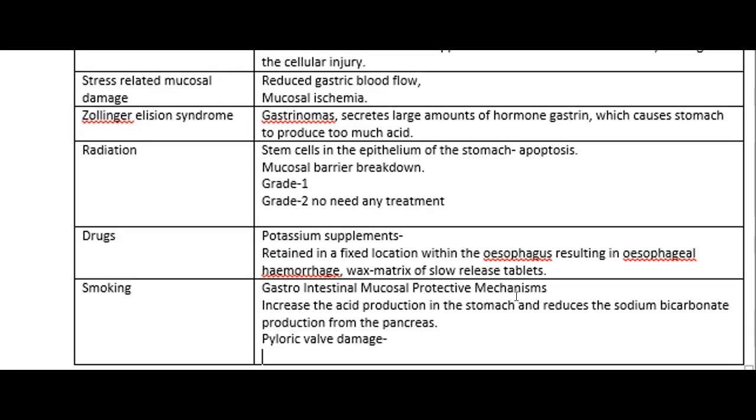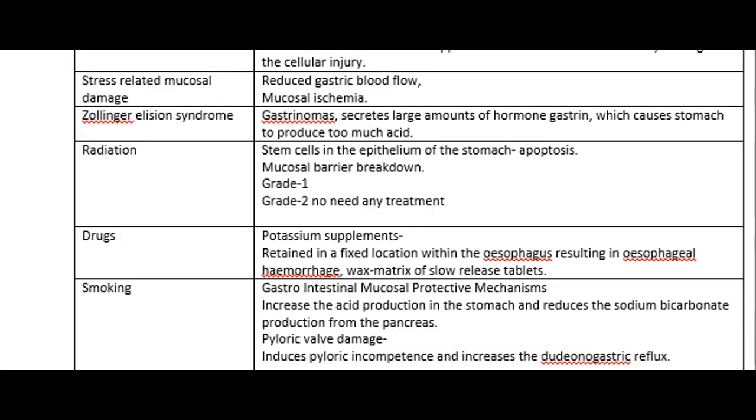The pylorus is a one-way valve between the stomach and the duodenum that prevents the bile and other contents of the small intestine from going back into the stomach. What will this smoking do? Cigarette smoking induces pyloric incompetence and then increases the duodenogastric reflex.